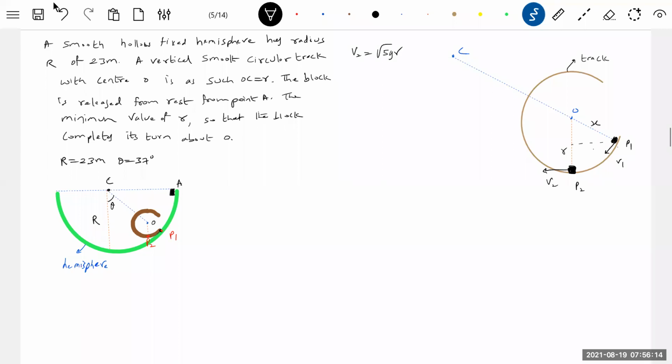This I will take as x. Sorry, this is r, no? Radius is r. This is theta. R cos theta. How to get the velocity v1?